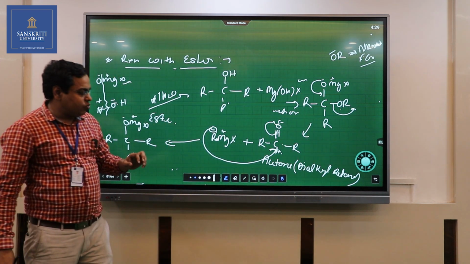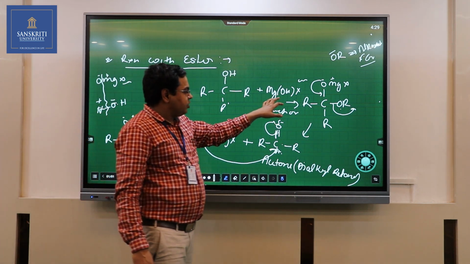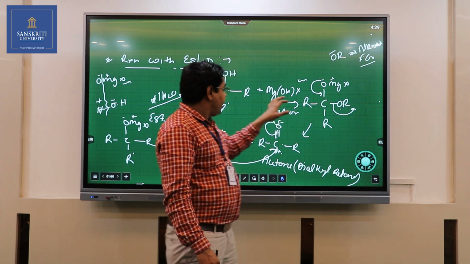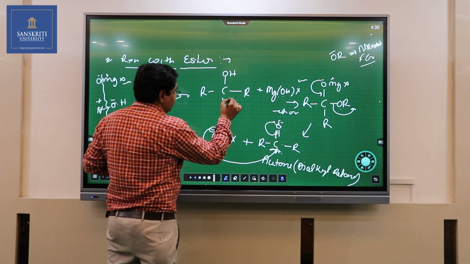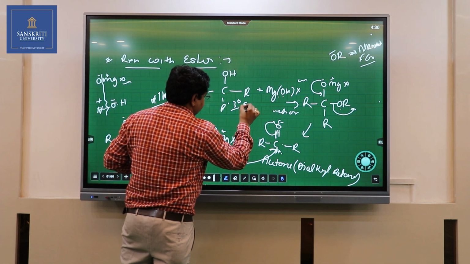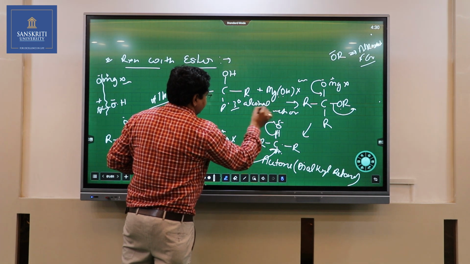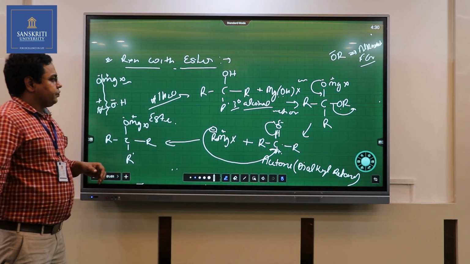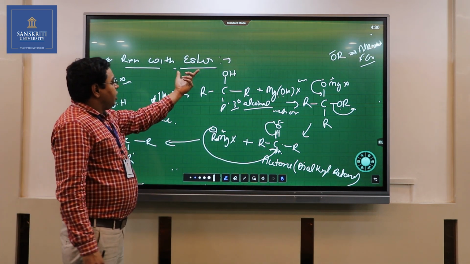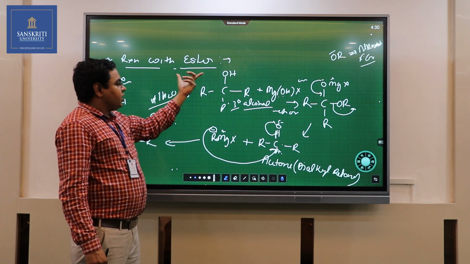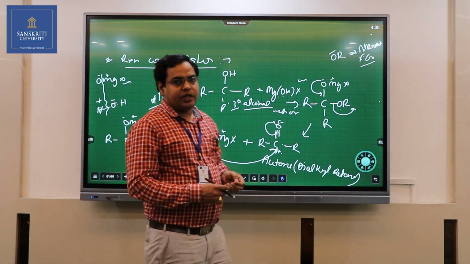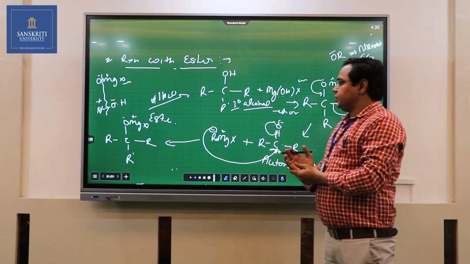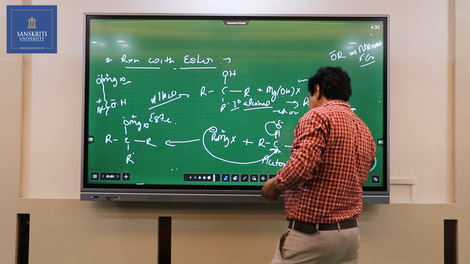So finally we get two molecules of magnesium hydroxide halide and a tertiary alcohol. So the reaction of the Grignard reagent with the ester gives a tertiary alcohol.